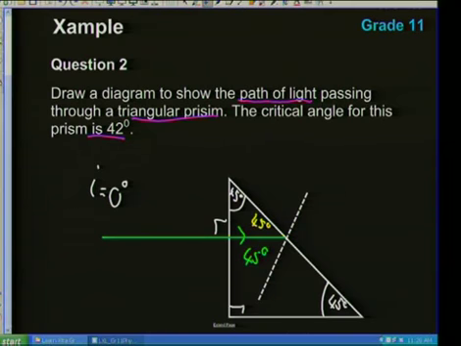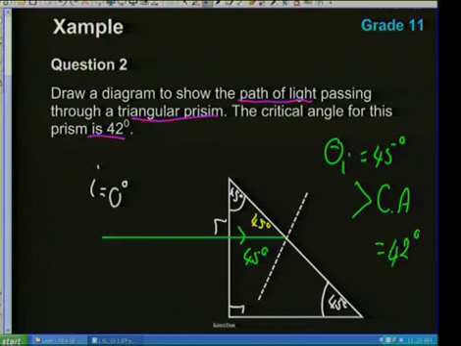And what do we see? The angle of incidence here, which is equal to 45, is greater than the critical angle, which was equal to 42 degrees. So what's going to happen? What do you think?